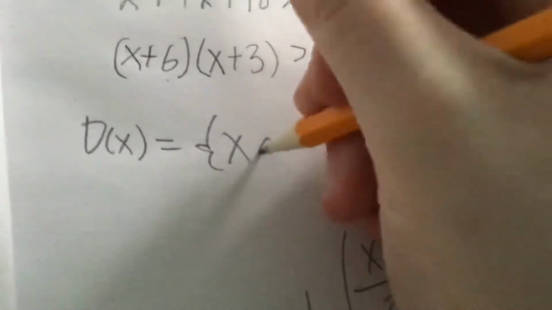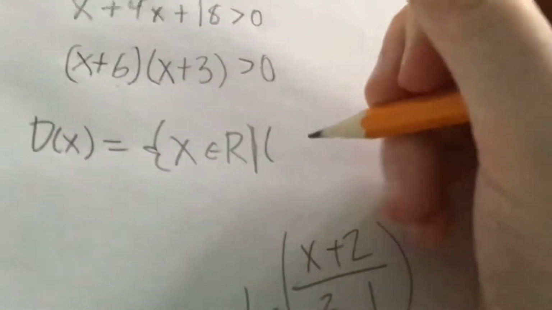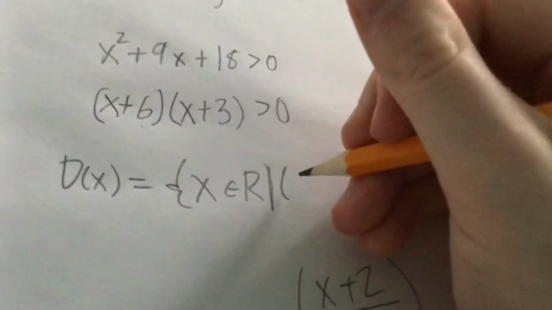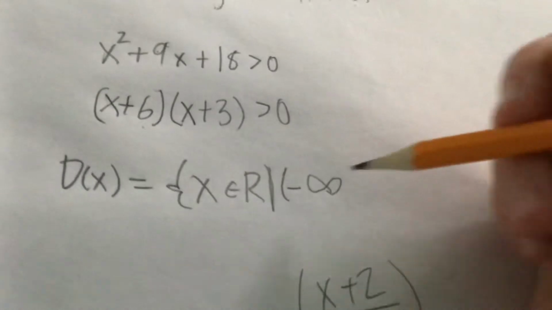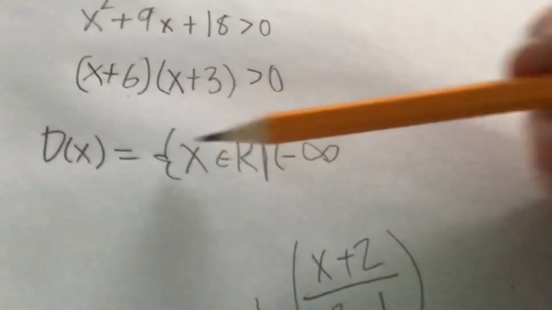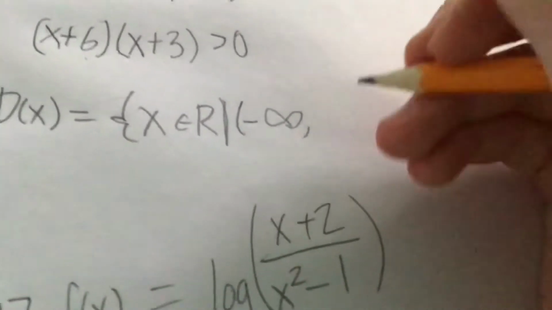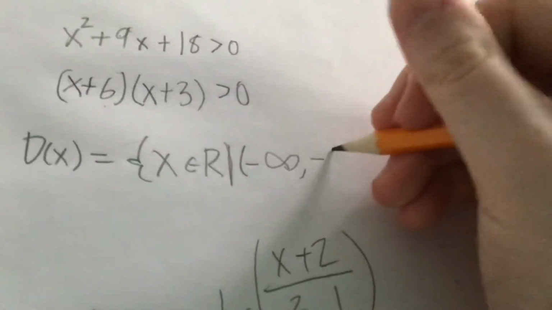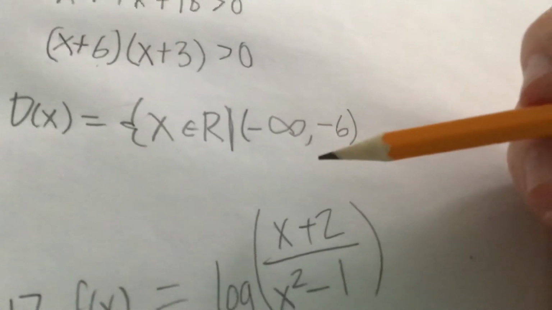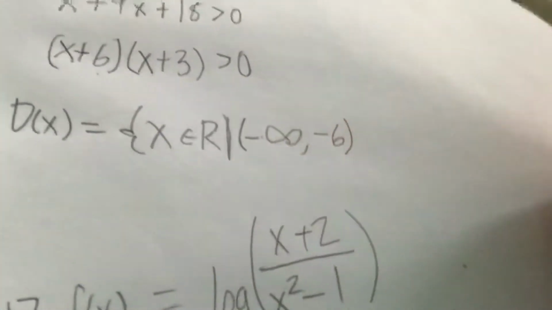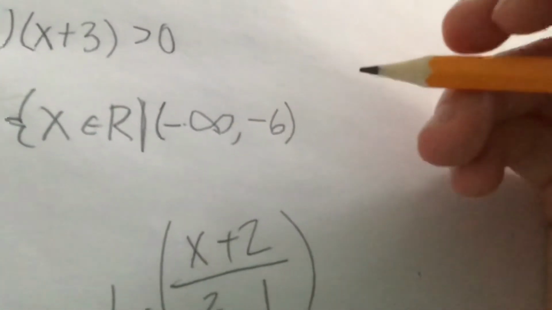a set of real numbers, okay? Where this interval goes on for negative infinity, going this way. So it starts at negative infinity to negative 6, okay?